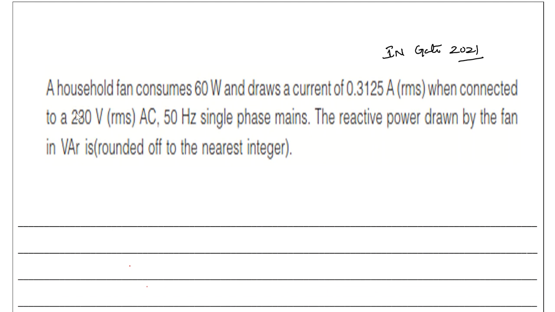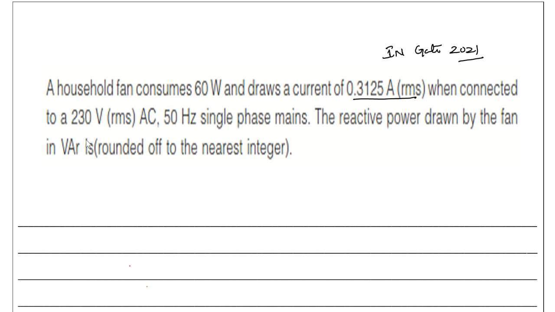The question is: a household fan consumes 60 watts and draws a current of 0.3125 amperes RMS when connected to a 230 volts RMS AC 50 Hz single phase mains. The reactive power drawn by the fan in VAR, rounded off to the nearest integer, is?